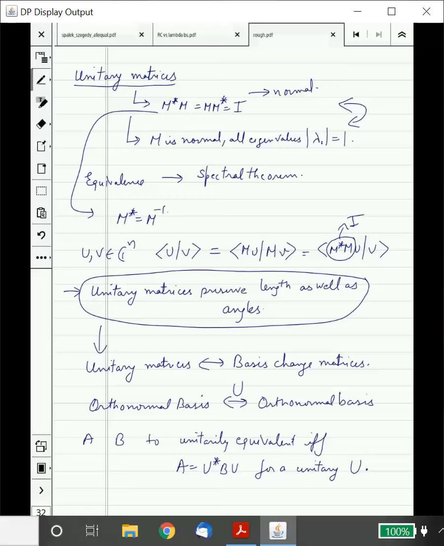That's all. This is a very good intuition. If A and B are unitarily equivalent, then A is B just in a different basis. What is that basis? That basis is going to be the columns of U.